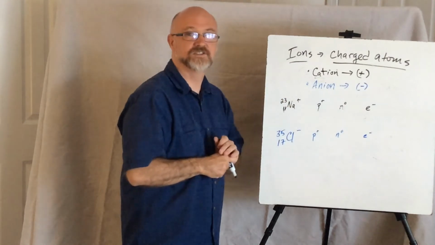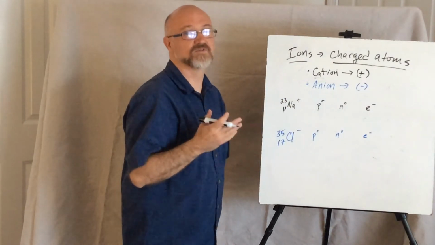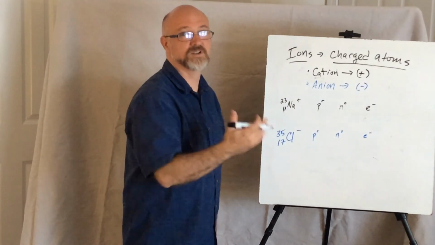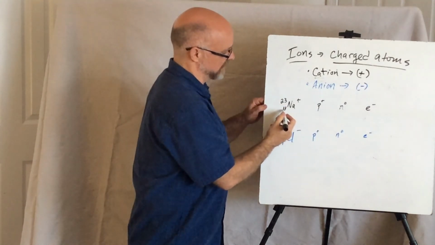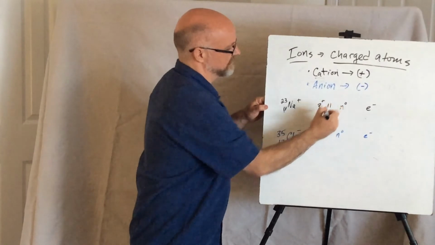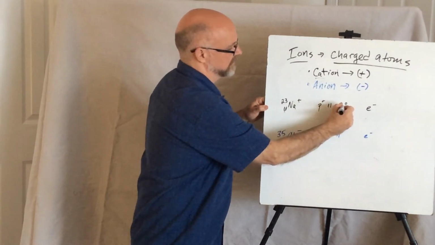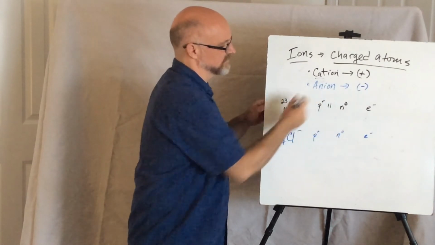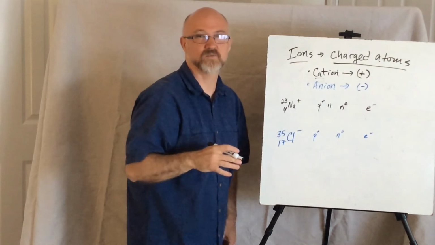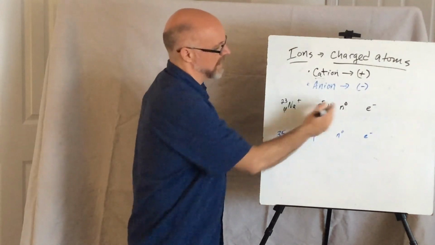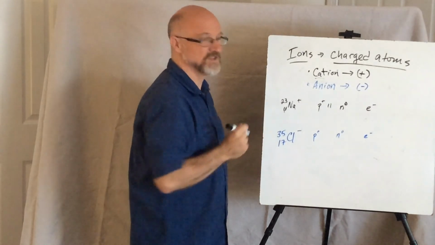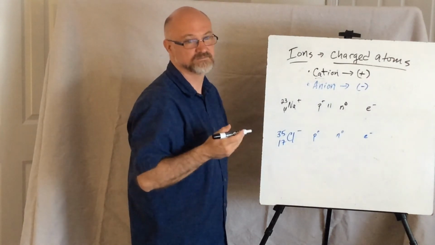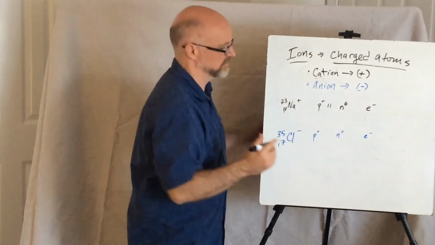Okay? So if we look at this, take an example of sodium. Sodium, in its preferred way of being, will end up losing one of its electrons. So if I take the information here, it has 11 protons. The P with a plus is just a shorthand way of indicating protons. N with the 0 indicating no charge is the neutron. So 23 minus 11, 12, right?